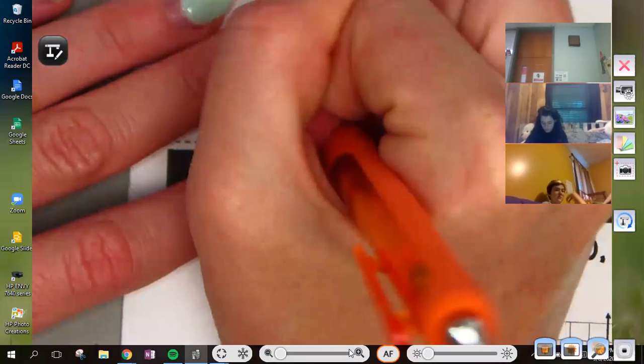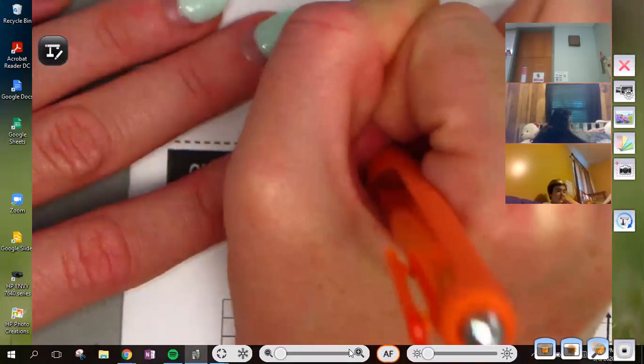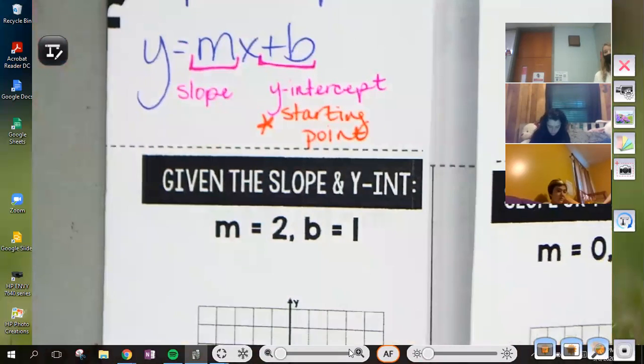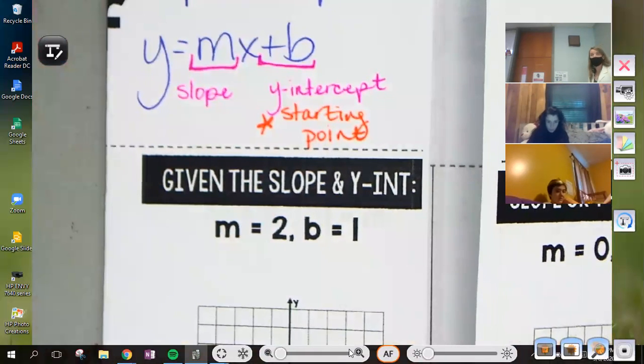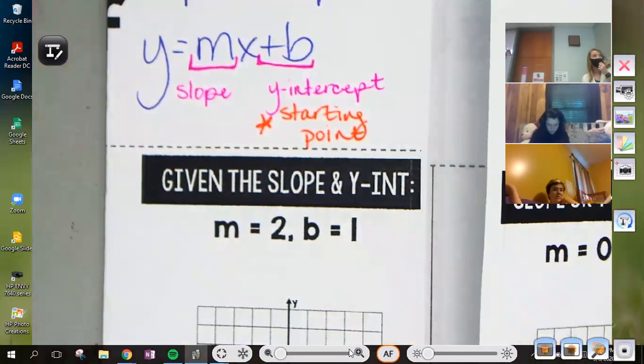I call that my starting point. That's my y-intercept. That's the only point that I know exactly where it is when I'm given my equation. That's where you have to start.